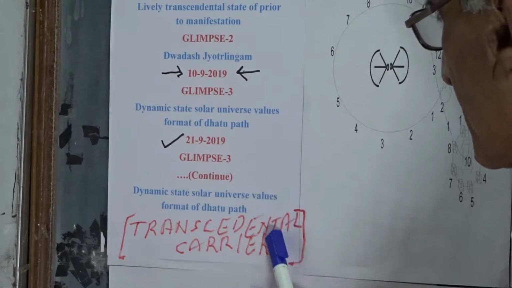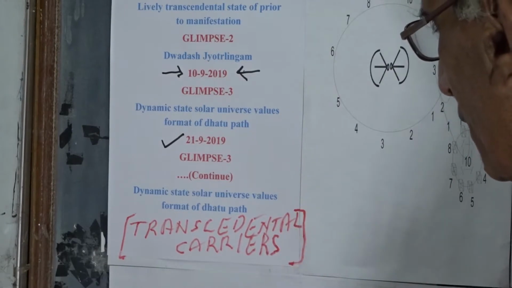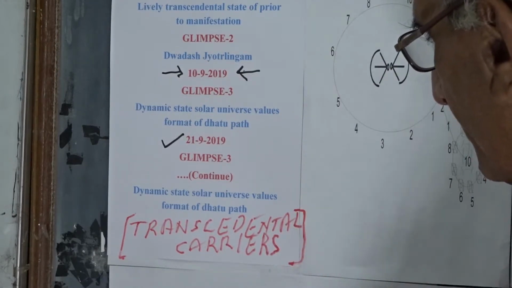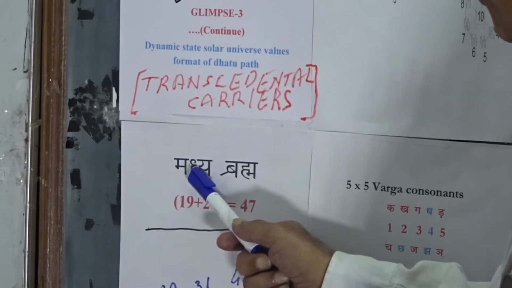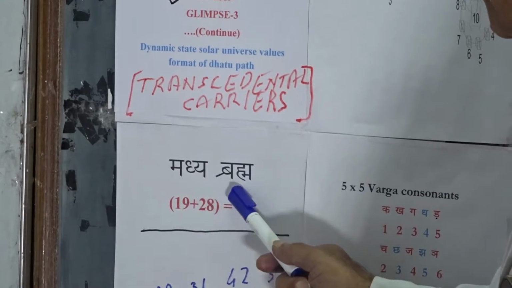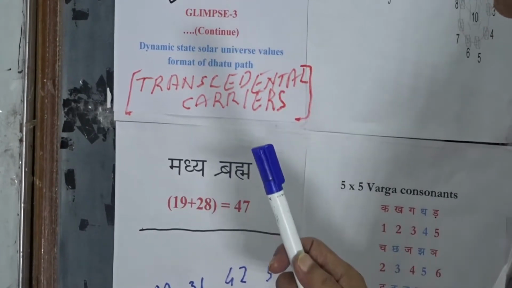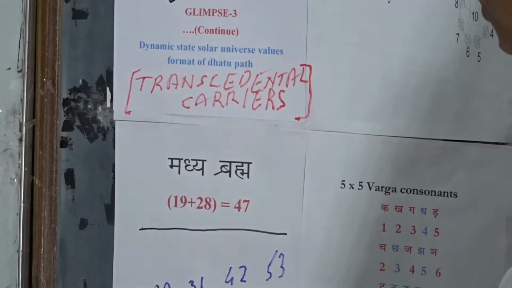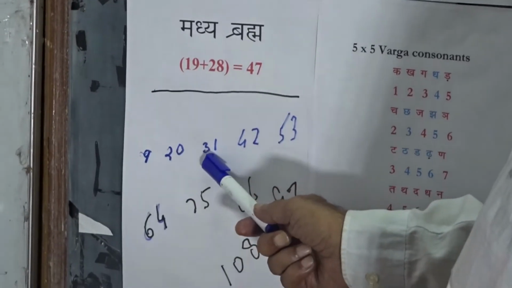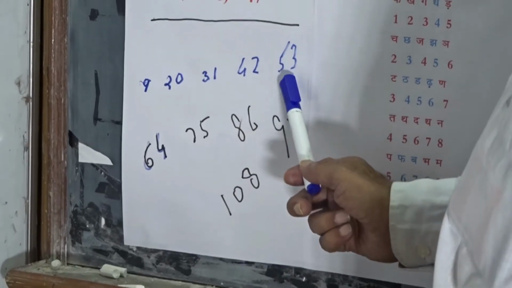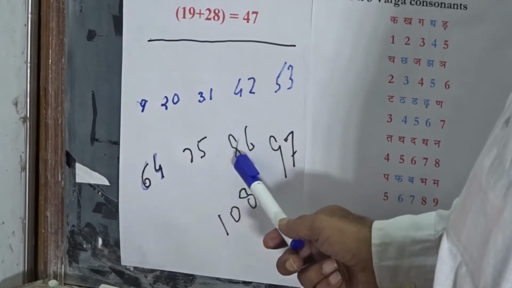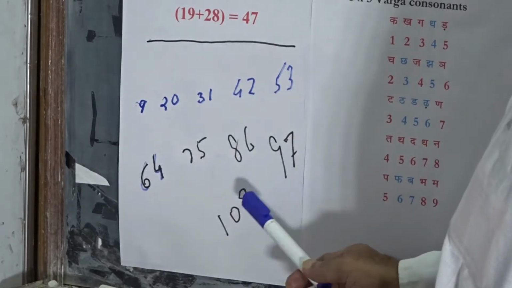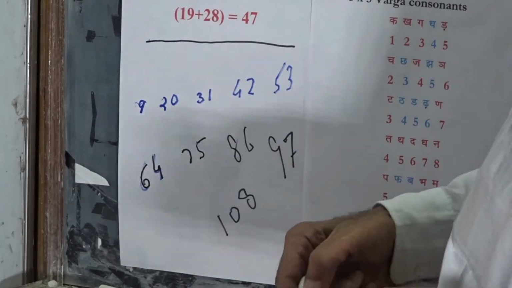These transcendental carriers flow from Madhya Brahm, the center of the eternal Brahman domain state. Transcendental carriers are of values 9, 20, 31, 42, 53, 64, 75, 86, 97 and 108.